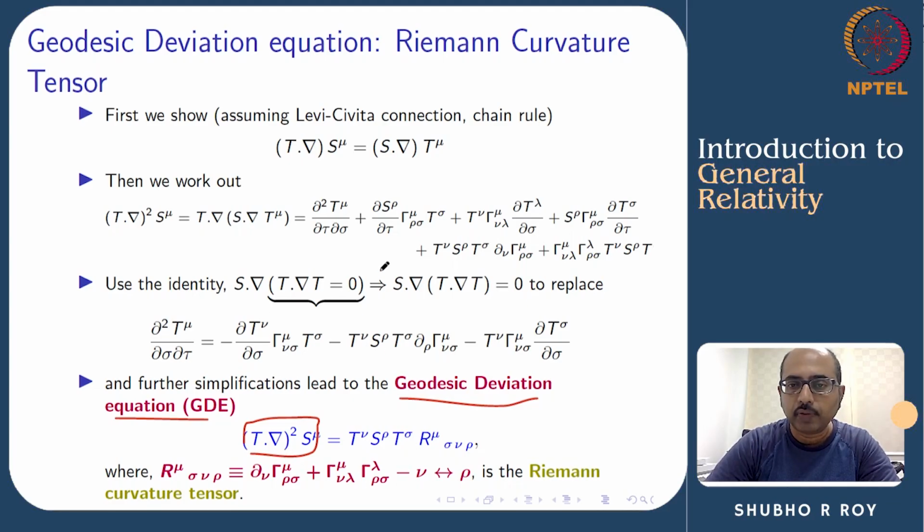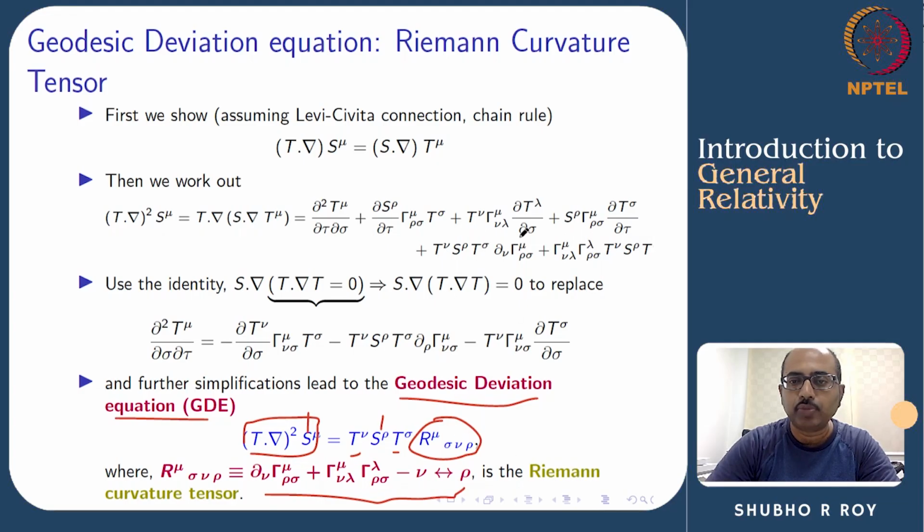On the right hand side, if you go through the steps and do the simplification using some known identities, what you get is a quantity which is proportional to two factors of T, just like on the left hand side, and another factor of S, just like on the left hand side. But there is one more factor, which is a tensor object, given by this. This quantity is called the Riemann curvature tensor.